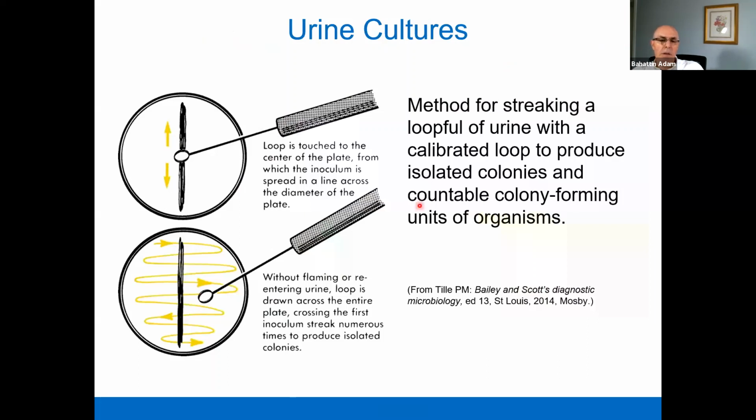Okay, now as you see, we also are using the same techniques for urine cultures. However, in the videos, they divided the plates into two different culture media in order to save money and materials.